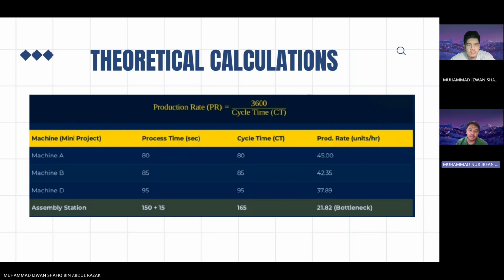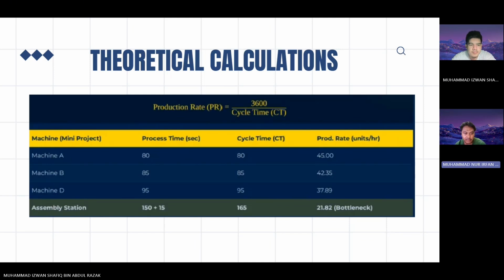The theoretical calculations. As we know, the production rate equals 3,600 divided by the cycle time. For the mini project, machine A has an 80-second process time, machine B 85 seconds, and machine D 95 seconds.